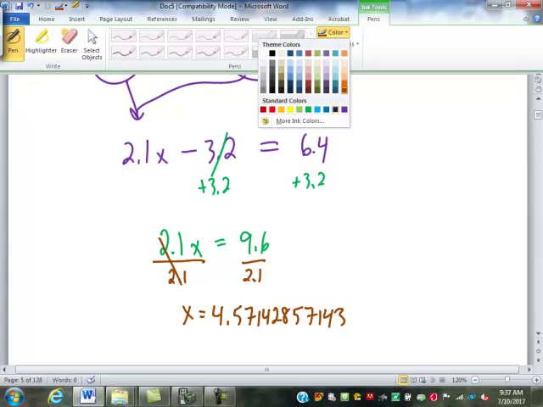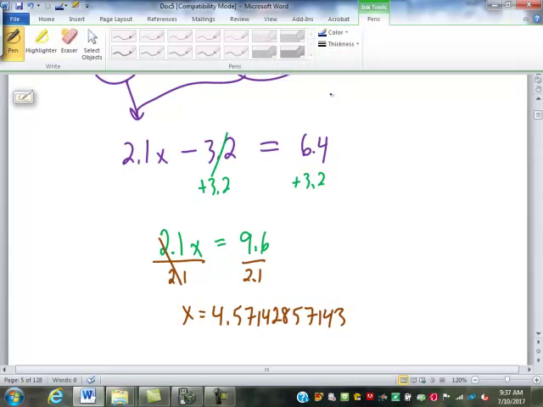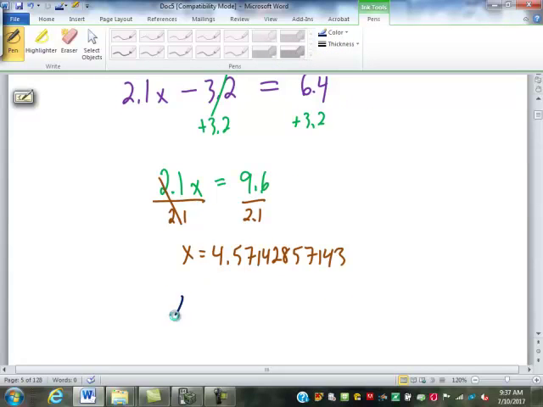How would I express that answer? If I didn't tell you to round it, how would I end up expressing that answer? 571428, and that repeats, yes. Perfect.